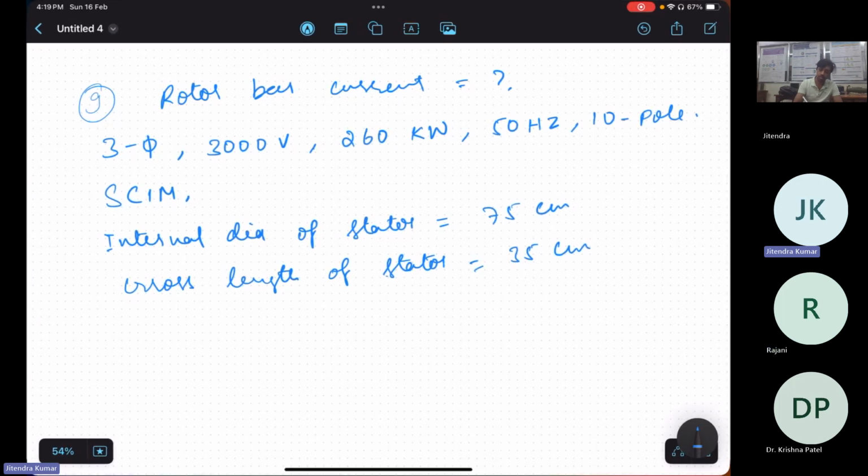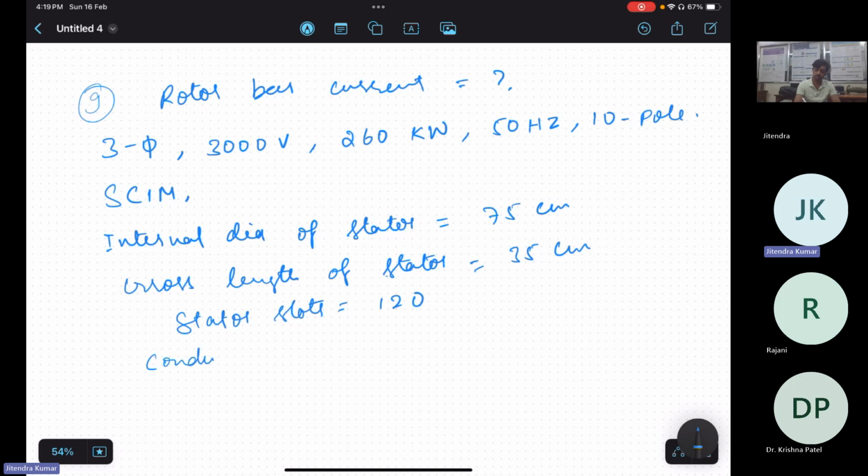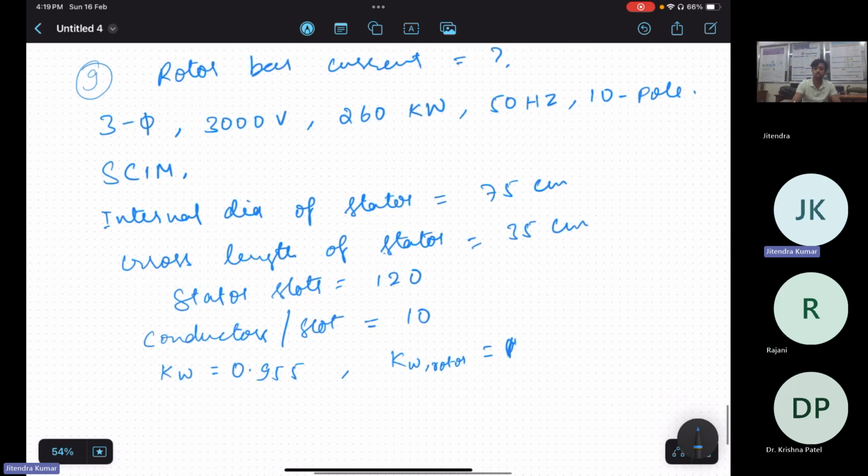The stator slots are 120. Conductors per slot is 10. The winding factor is 0.955, and the winding factor for the rotor is 1, because it is a solid bar.